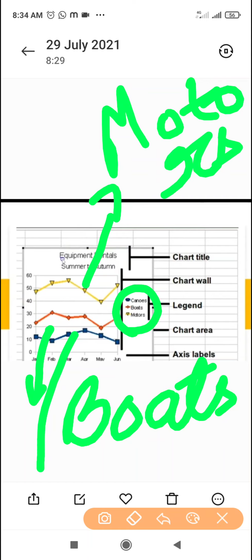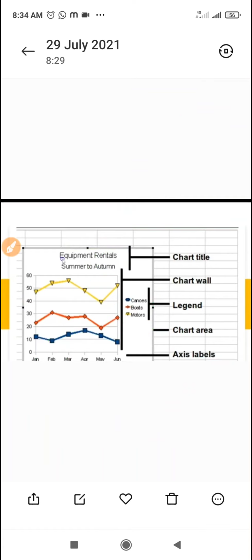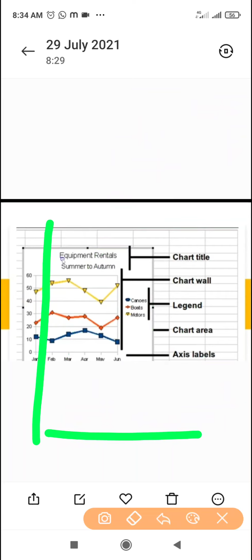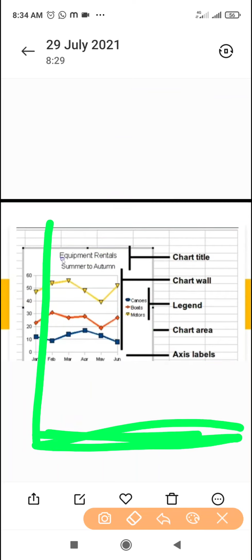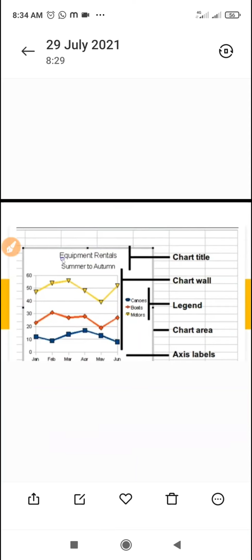Now next, a very basic component of the chart: the x-axis and y-axis. The x-axis is the horizontal axis, and it tells you about the categories on the chart. In this chart, it shows the months January, February, March, April, May and June.